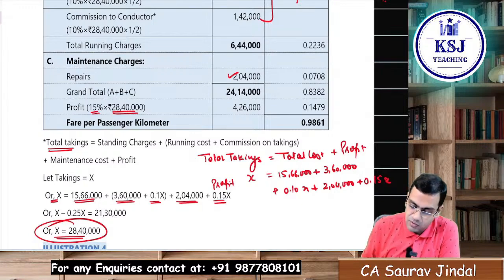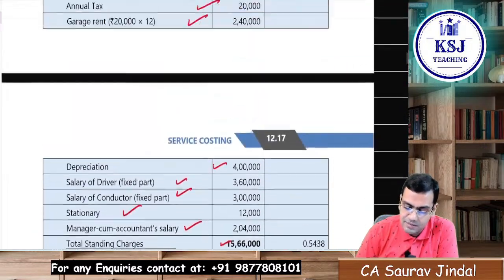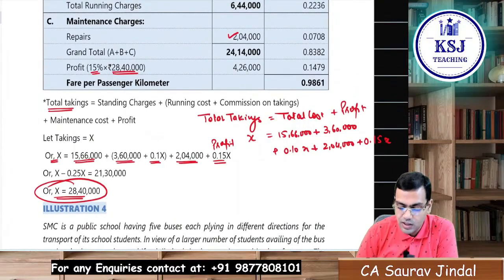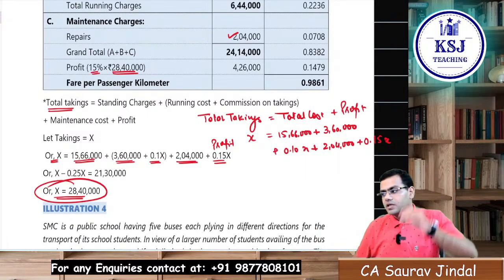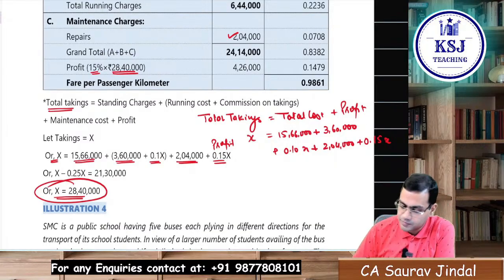Right, that will give you the total fare per passenger kilometer, when you divide by the passenger kilometers. Or what you can do, you can calculate the total cost plus the profit, then divide by passenger kilometers. Right, you can do it that way also.